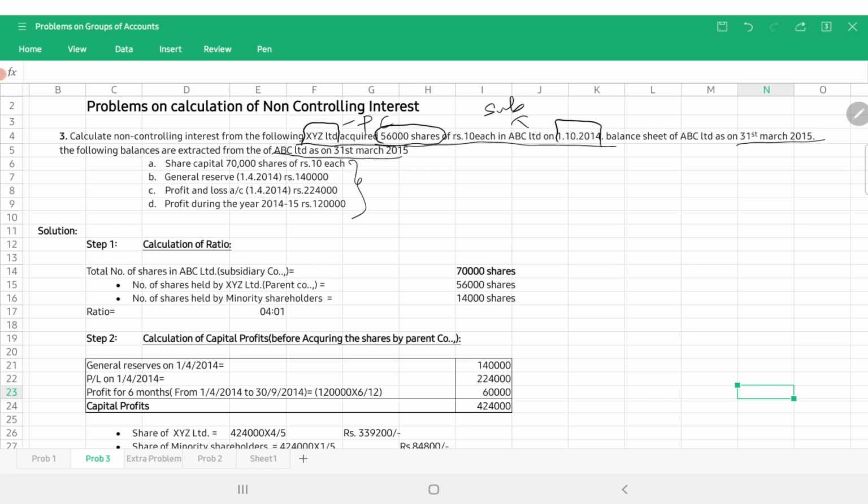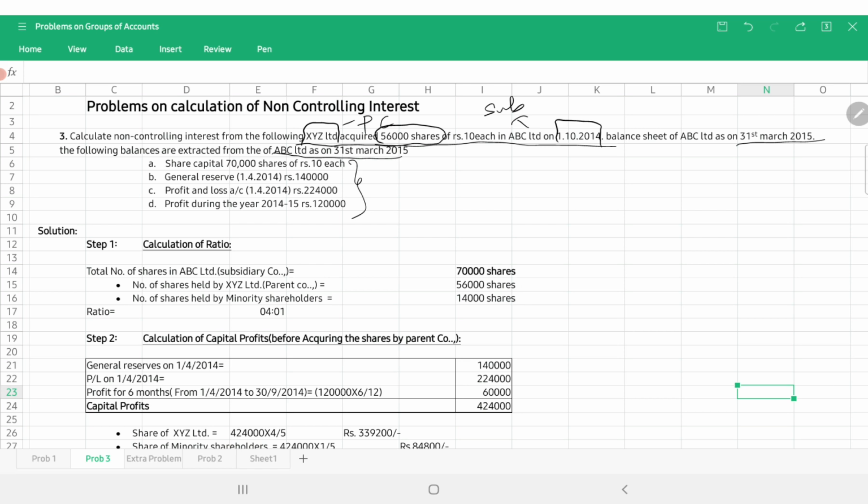Only the information related to ABC Limited is taken here. ABC is the subsidiary company. From this we are going to calculate the ratio, the capital profit and then the revenue profit.